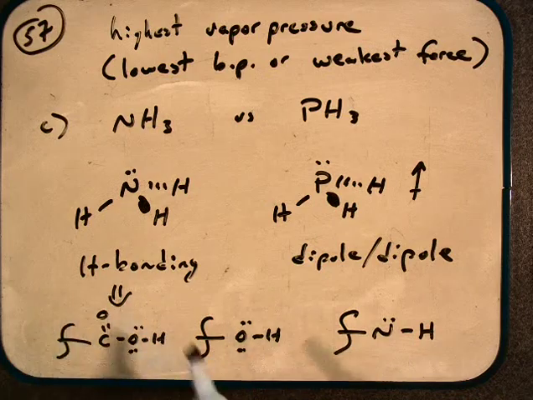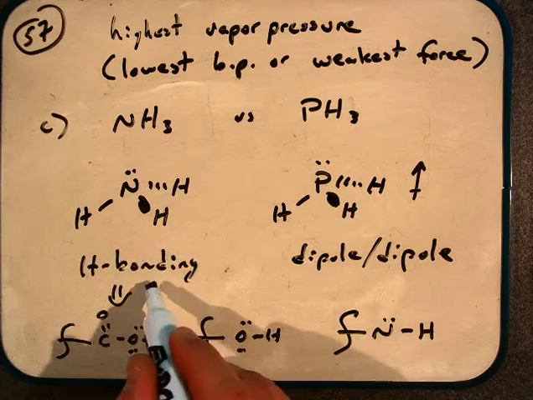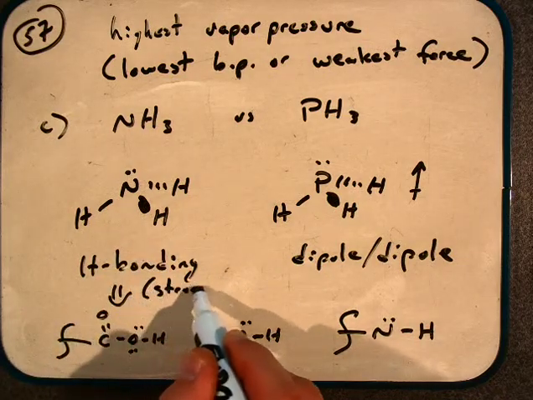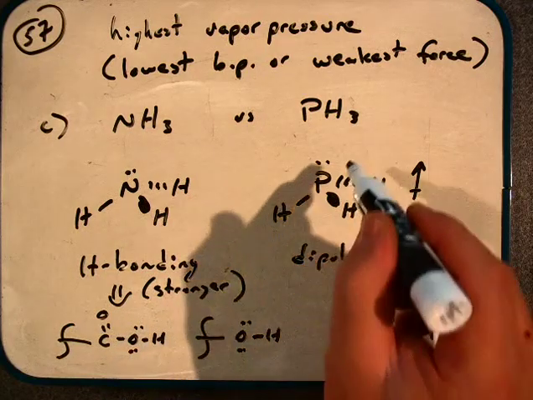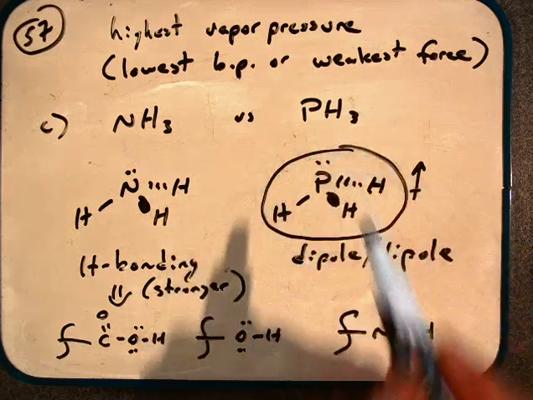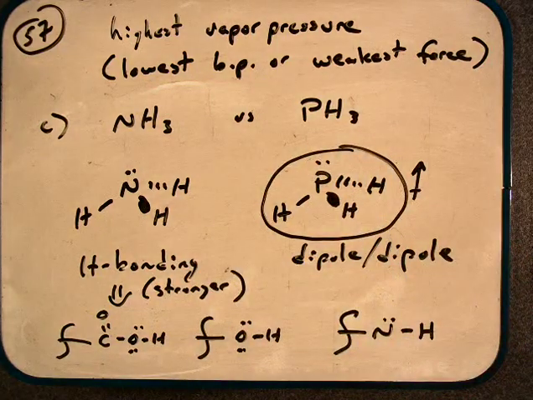So as a result, the NH3, the hydrogen bonding, this guy has the stronger forces of attraction, and so that means our PH3 is going to have the weaker, and it would have then the highest vapor pressure as a result of having the weakest forces of attraction. That is number 57.